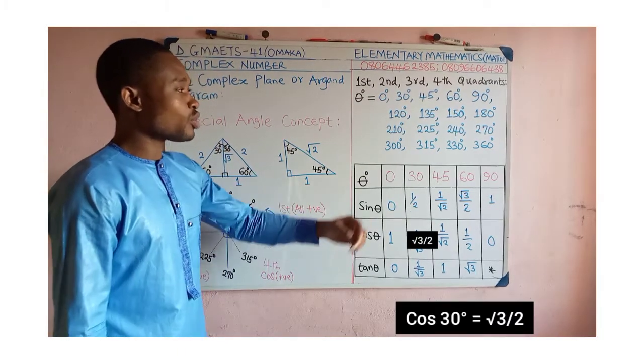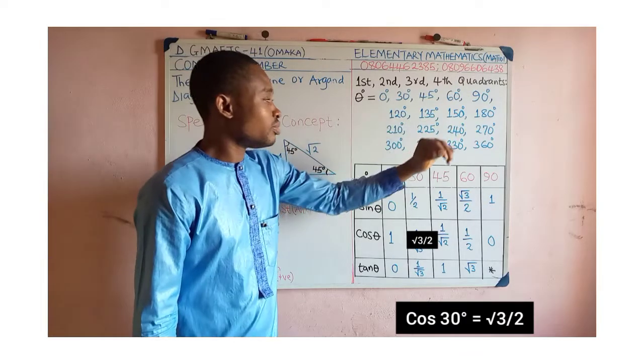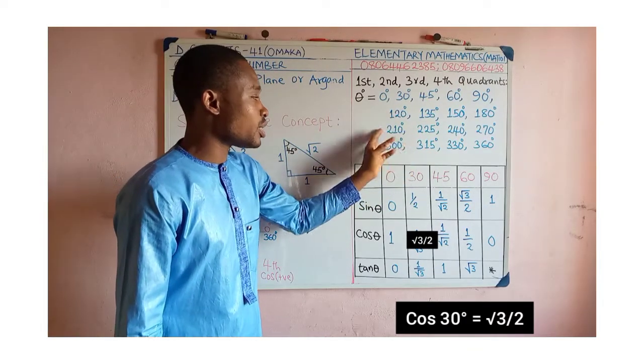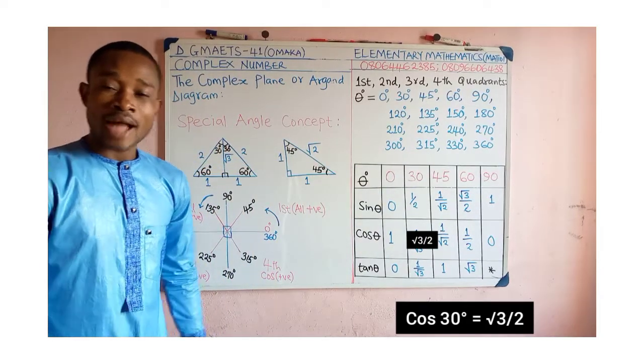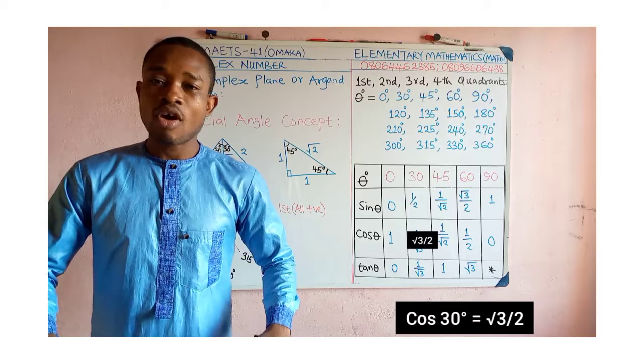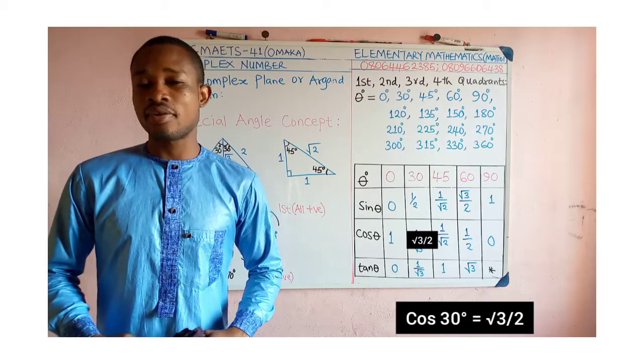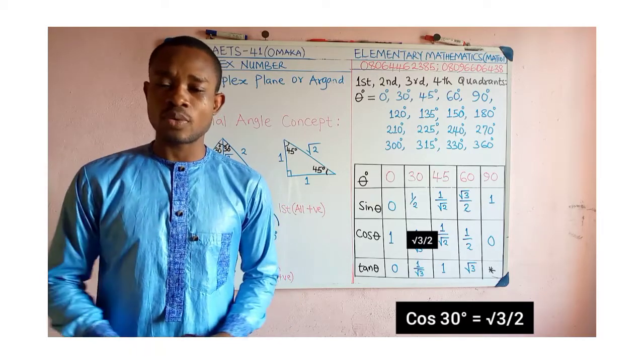I want us to see how to get the value of special angles in the second quadrant, in the third quadrant, and in the fourth quadrant. Is that okay? At this point, the power of 180 degrees and 360 degrees. Please put this down.